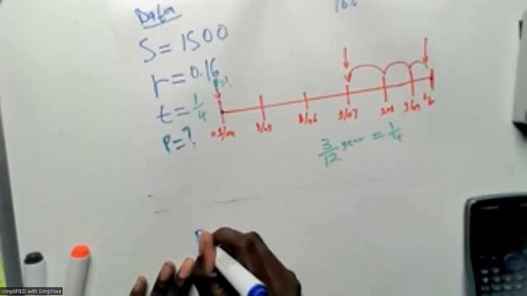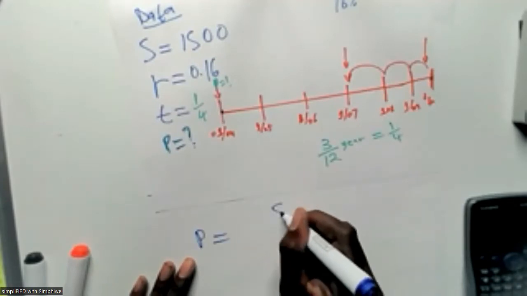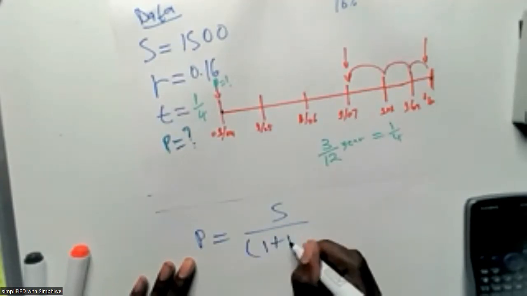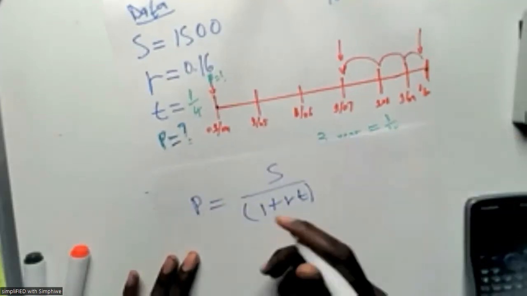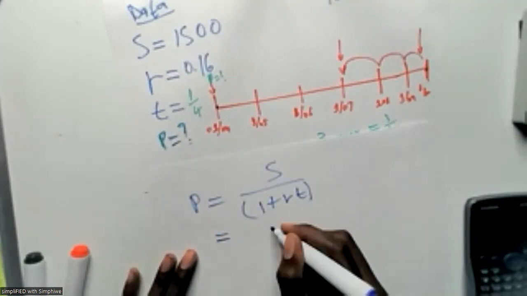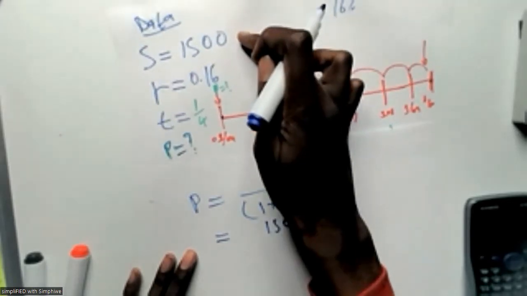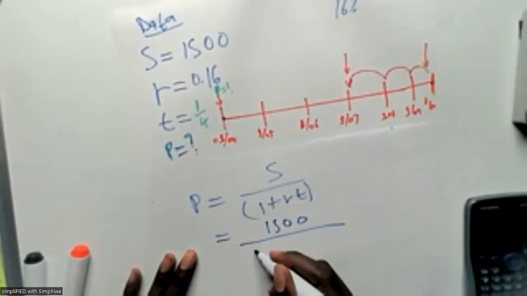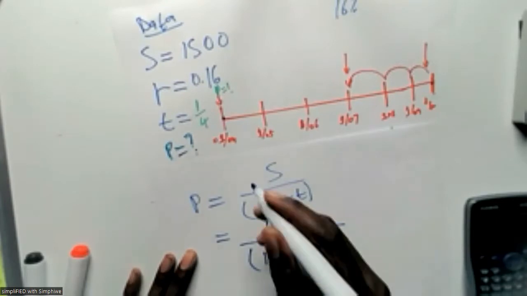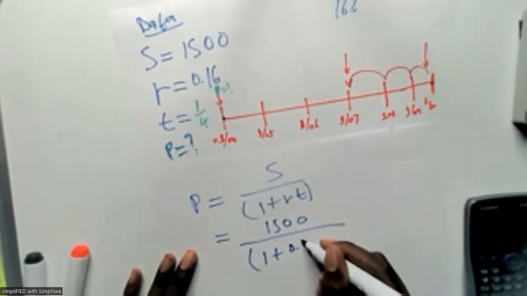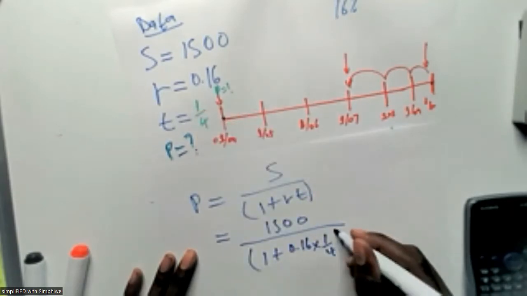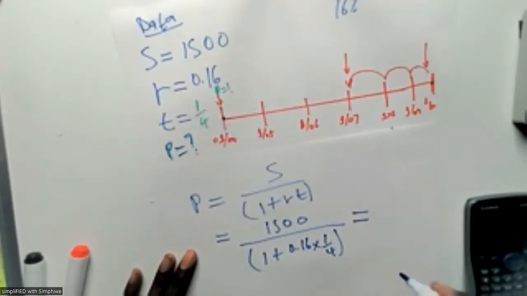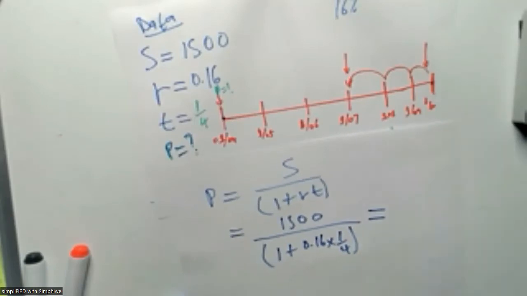I now know that P is equal to S over 1 plus RT. Therefore this will be 1.5 as it is on my data there, over 1 plus R, which is 0.16, multiplied by 1 over 4. And then you just punch that on your calculator to get your answer.